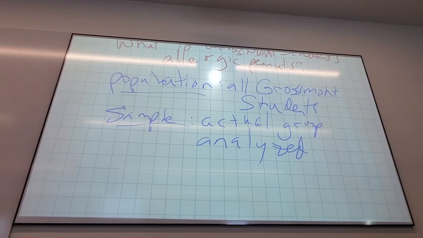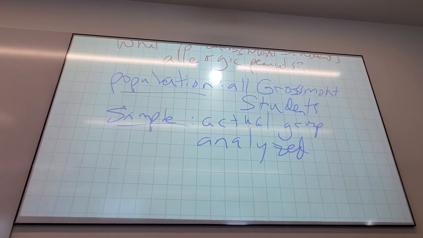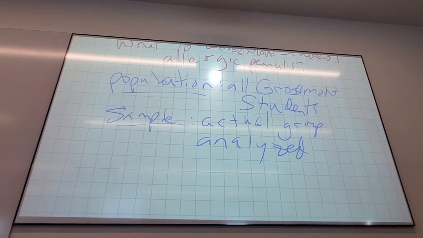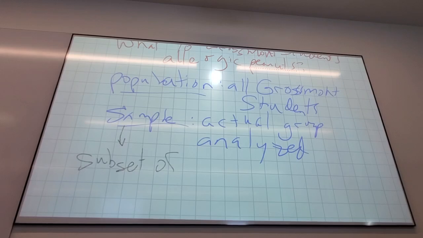Say again? Tourists. So the main thing you want your sample to do is to be a subset of the population, yes? You don't want your sample to be biased by other populations. Does that make sense? So a sample has to be a subset of the population.